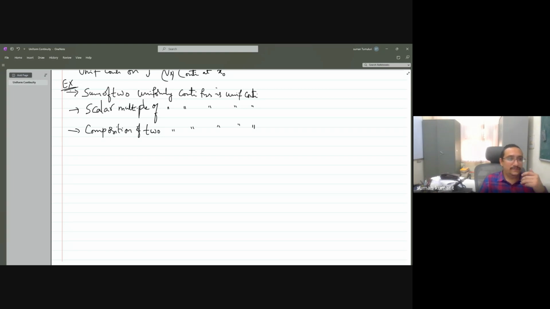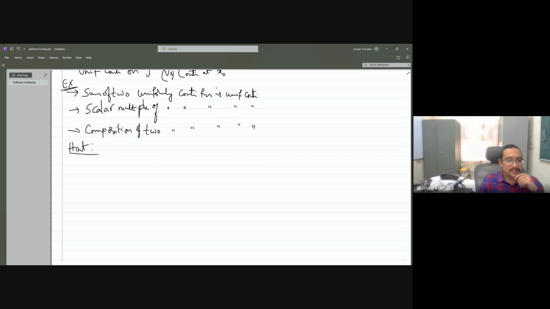I can leave these three results as exercises for you, and you should sincerely try to prove them from the definition of uniformly continuous functions. If you look at the proofs of these results for continuous functions, try to mimic the same proof to get the result for uniformly continuous functions.